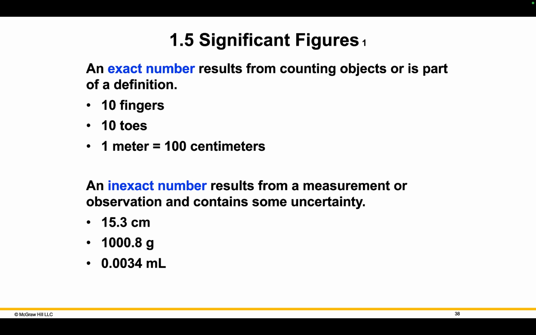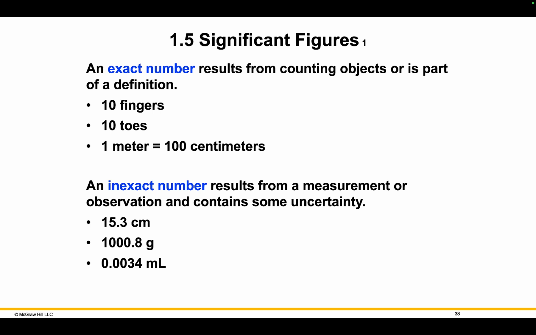And so, yeah, let's start out with talking about an exact number versus an inexact number. An exact number is a number that's going to result from either counting objects or it's part of a definition. So, for instance, I can say I have 10 fingers. I have 10 toes. I can say that 1 meter equals 100 centimeters because that's a definition.